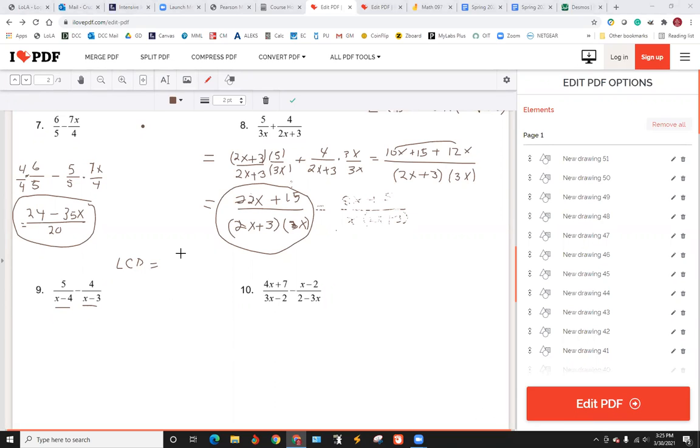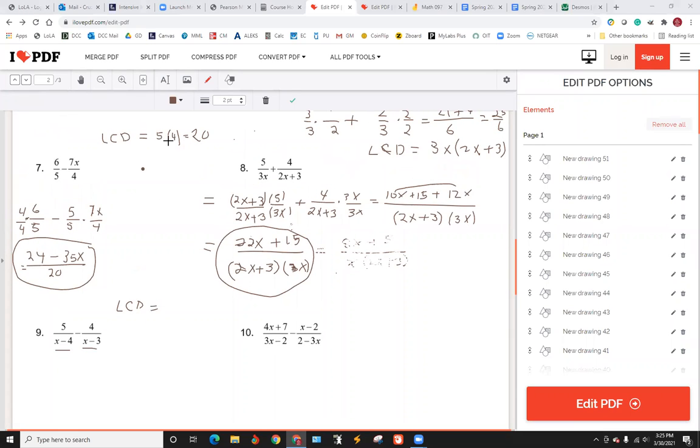So the LCD is what? Just multiplying them. So what's that LCD? All right, that's the LCD.